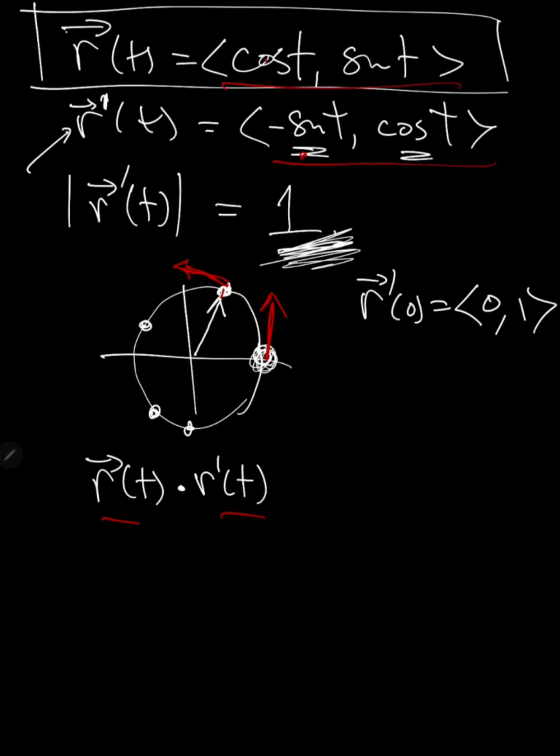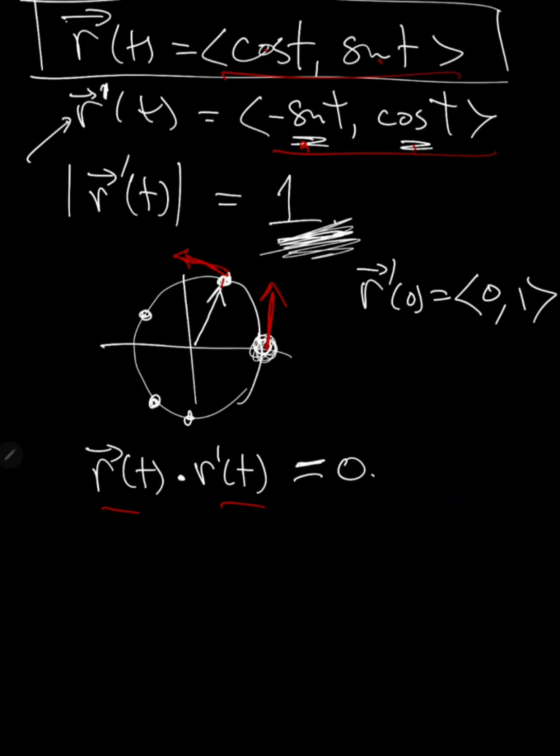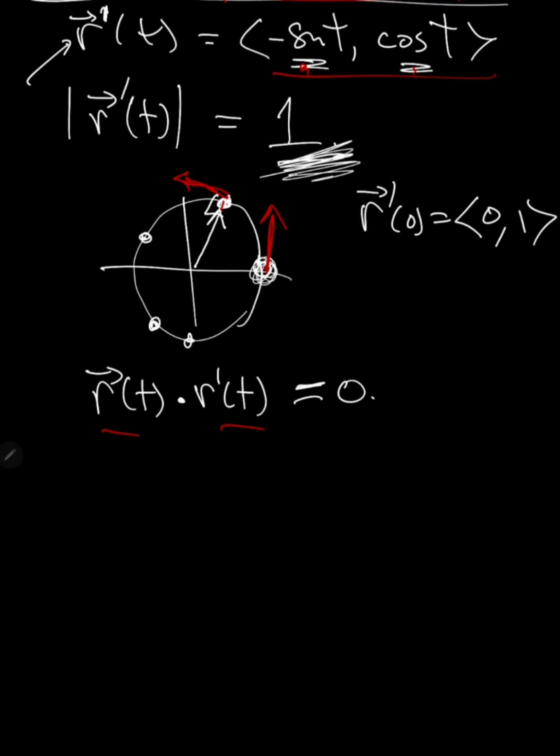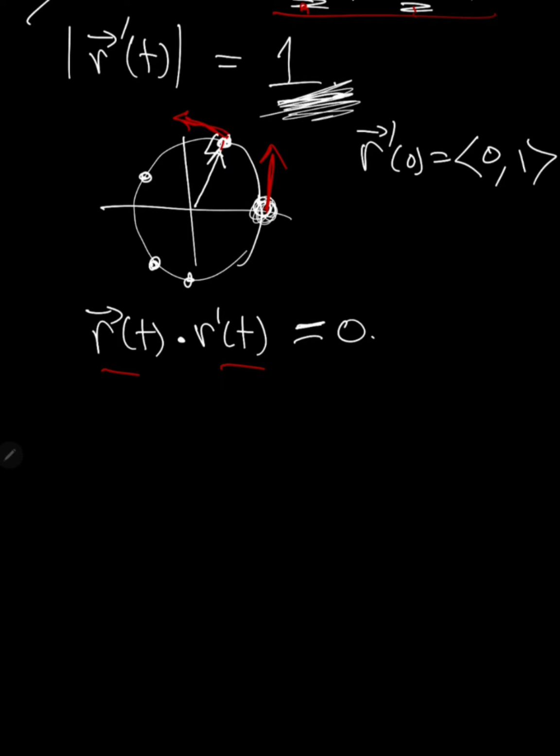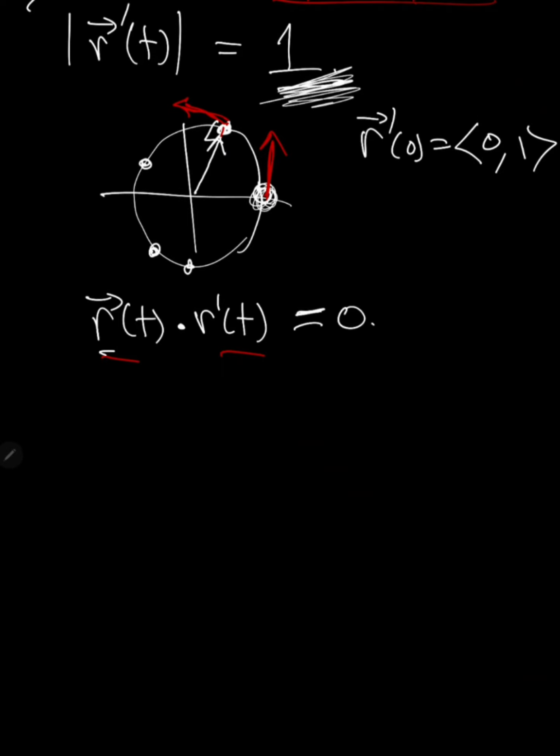Cosine times negative sine gives minus cosine times sine, and then plus sine t cosine t, I get 0. So this is the correct picture. It's special in that position is always perpendicular to your velocity for circular motion.